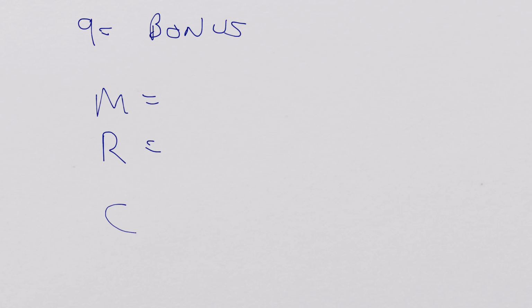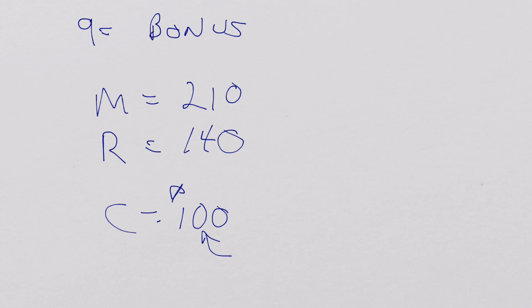So M is at 210, R is at 140, and the new one comes in at 100. This 100 gets them 20%. So when you take the new total, which is going to be 210, 140, and 100, I hope that's right, 450 is going to be the new total.